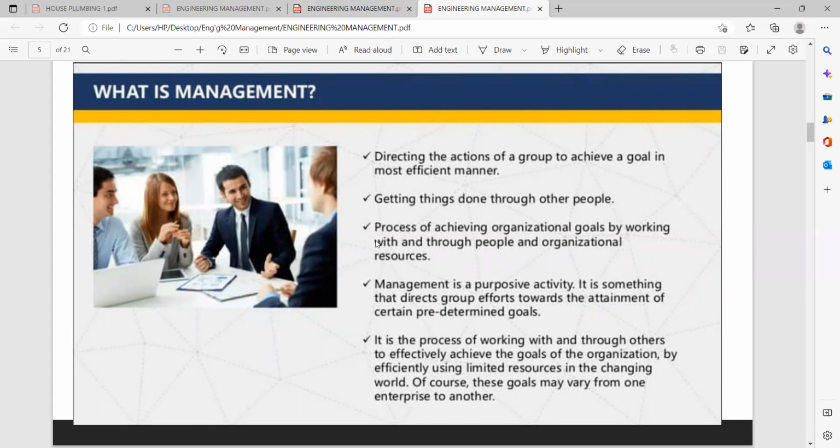Also, management is the process of achieving organizational goals by working with and through people and organizational resources. Management is a purposive activity, or kumbaga may purpose siya. Okay?